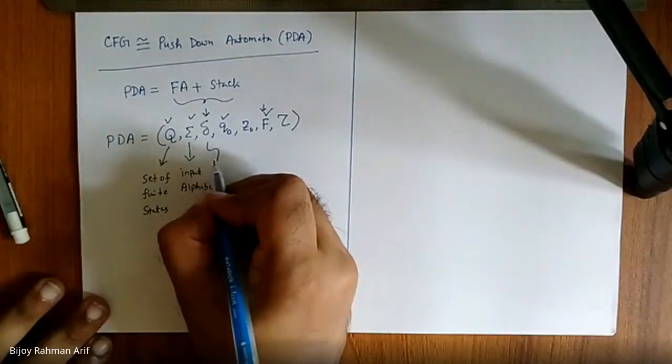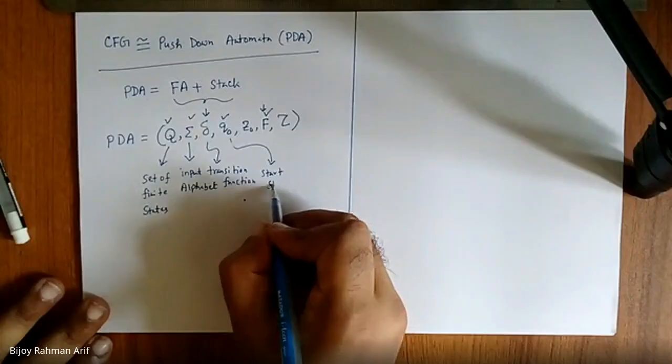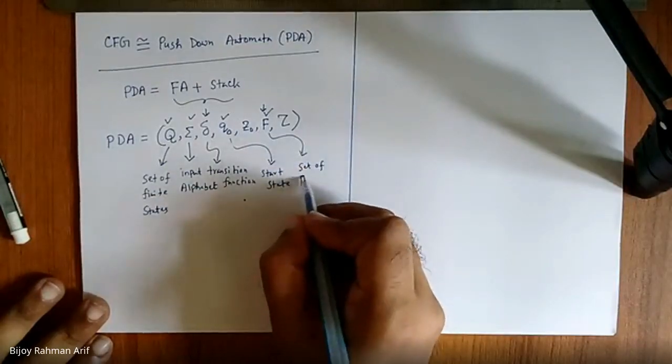What is delta? Transition function. What is Q naught? The initial or start state. What is F? Set of final states.